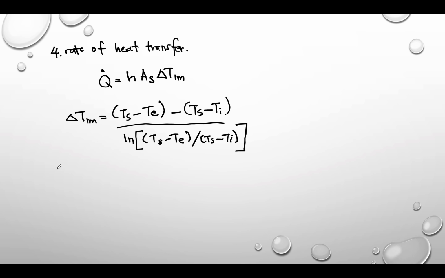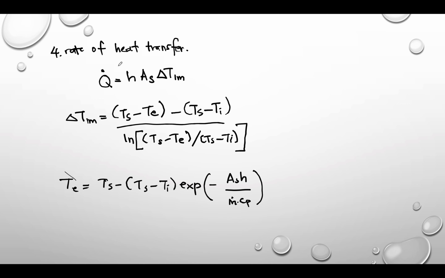So from here, we can calculate the T exit by using the equation Ts minus Ti, exponential minus As times h over m dot Cp.